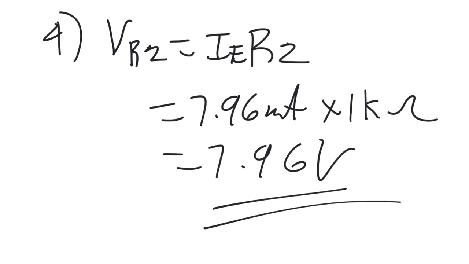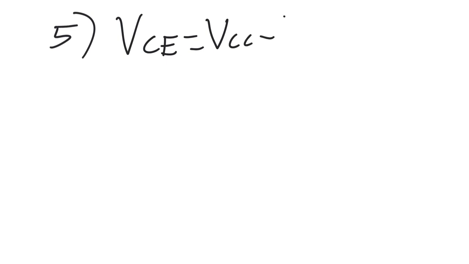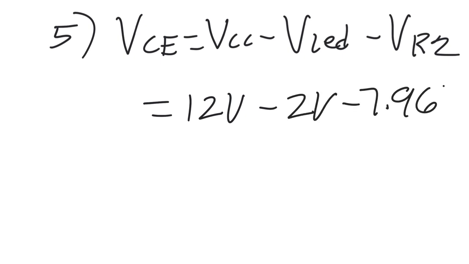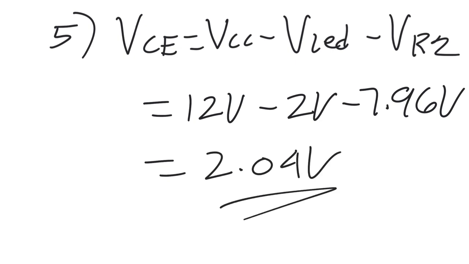Okay, VR2 is 7.96 volts. And step 5, VCE, look at the diagram. Okay, 2 volts across the collector to emitter.